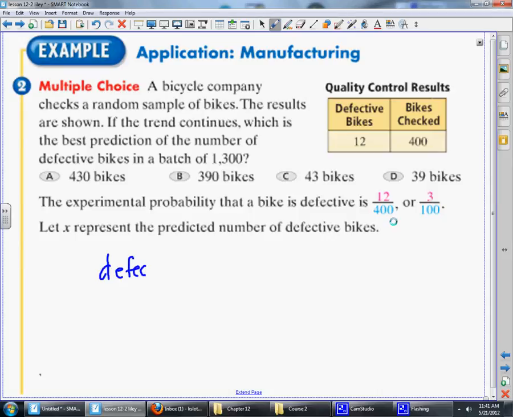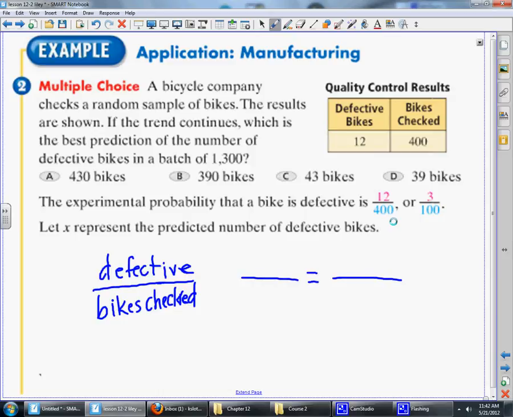So we're going to have defective bikes over bikes checked. We start out with 12 defective bikes and they check 400 of them. So that's one of the probabilities. Then we want to know how many bikes will be defective in a batch of 1,300. So now we're looking for x.